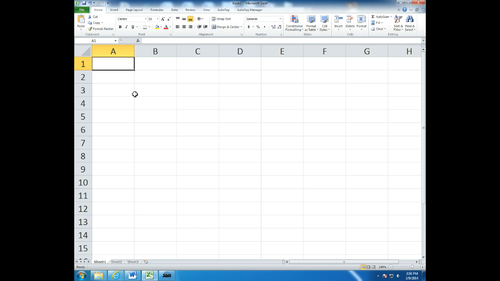So I'm going to set up a simple spreadsheet where I'm going to compare some loan payments. I've got an amount of money, I have an interest rate that I'm going to pay, I have some number of months that I'm going to make my payment on, and then based on those three values I'm going to calculate the actual payment.